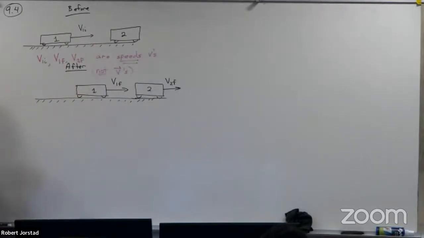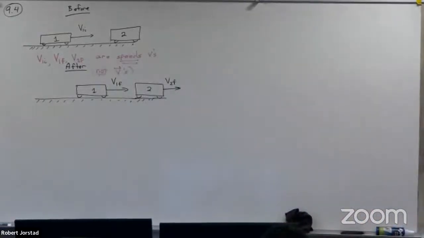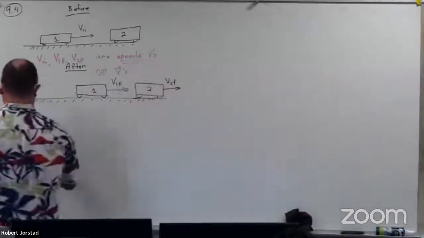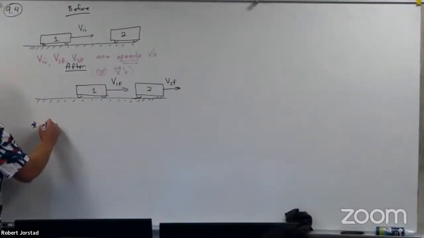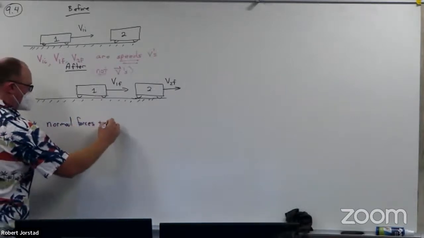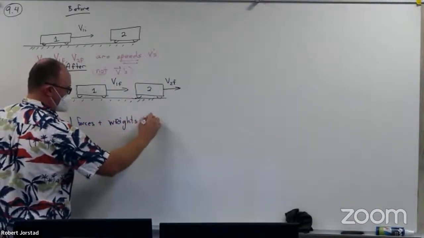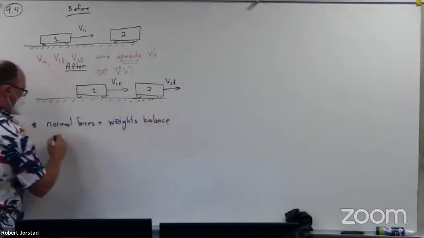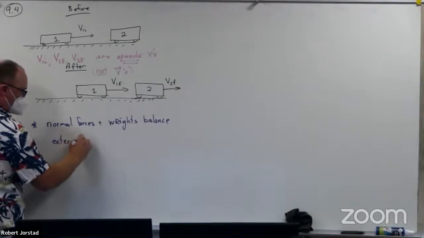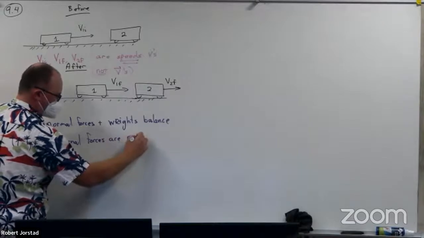Okay. Now in this problem, we are going to try to follow the problem-solving strategy at the bottom of page 32. In particular, we said normal forces and weights balance. So as a result, external forces are negligible. We can ignore them.